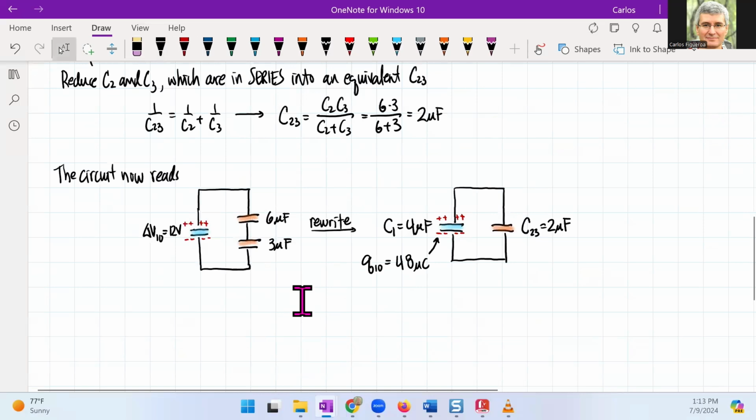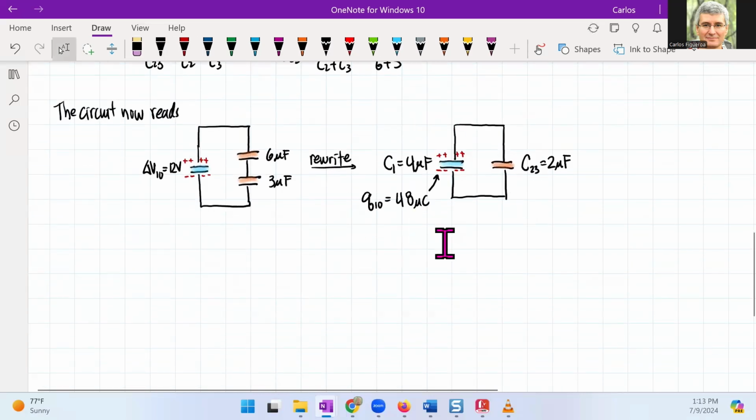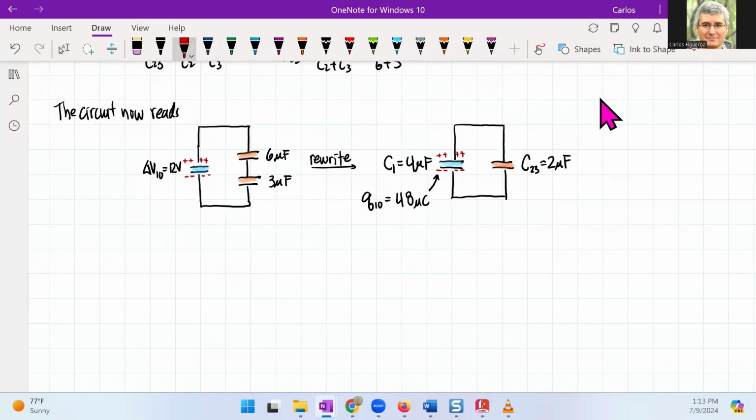So now what happens? This is the circuit that I'm focusing on. This side now forms a high, and this end forms a low. So what we expect is charge to now move on to these plates.